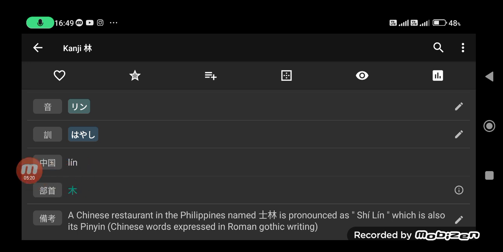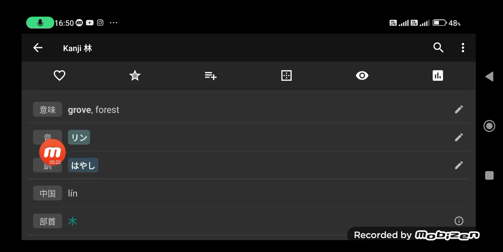And you can see that the onyomi here, rin, is very much related to its Chinese origin, lin. So if it is pronounced as lin in China, when adapted in Japan, it's rin.